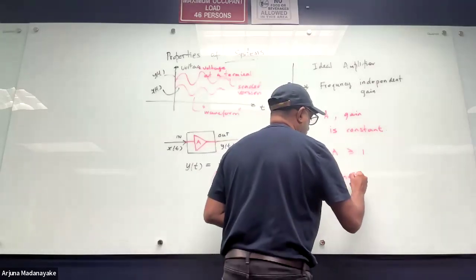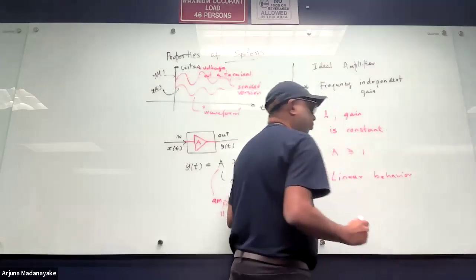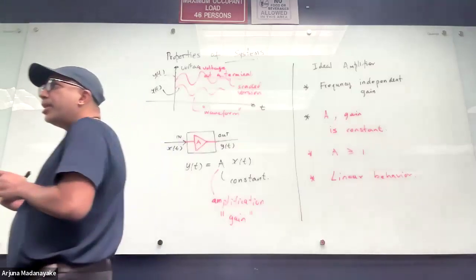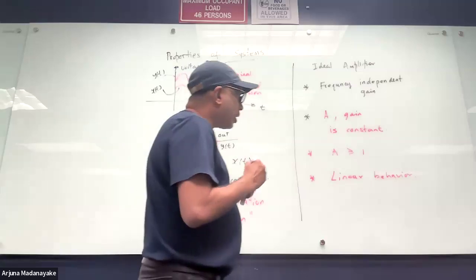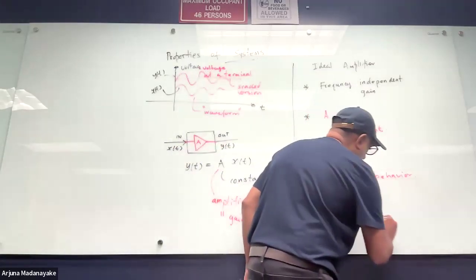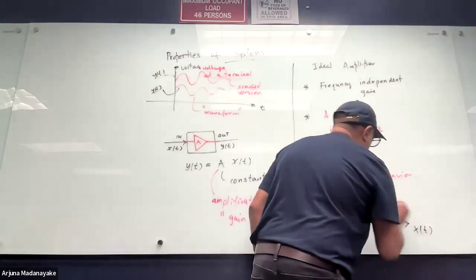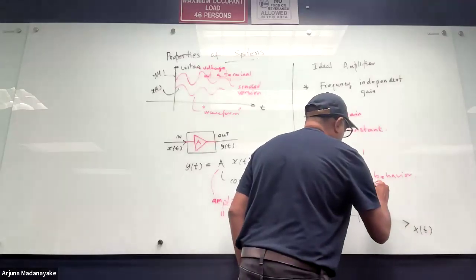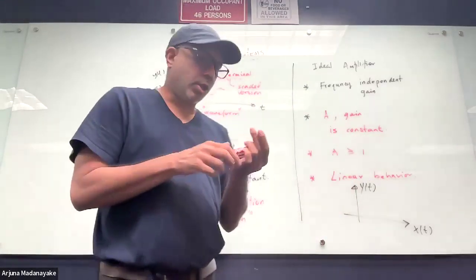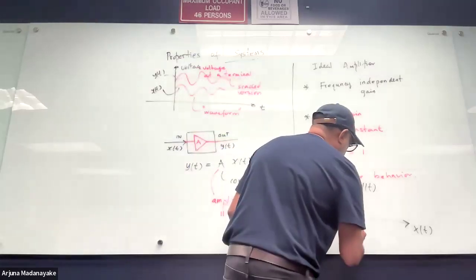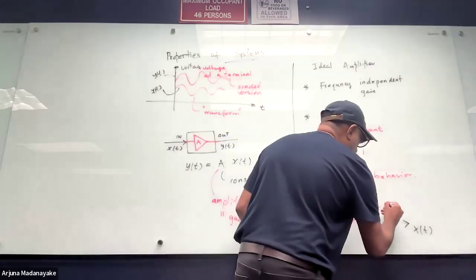Linear behavior. So by linear behavior, what it means is if you relate the input and the output, right? Plot input X against Y. When the input is 0, the output has to be 0. Very important. So we'll have a line like this. This is a straight line.